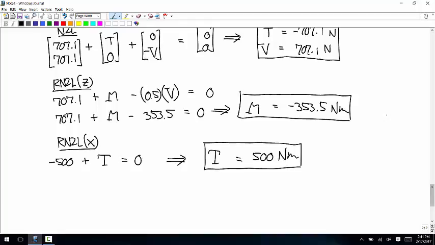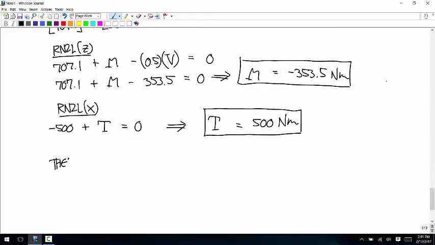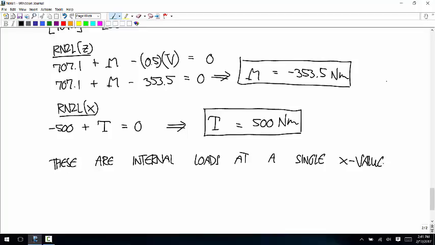Okay, so these are the internal loads at a single point along the beam, at a single x value. We'd like to calculate these internal loads for every x value, come up with a representation of the internal loads as you go from the extreme left end to the extreme right end.